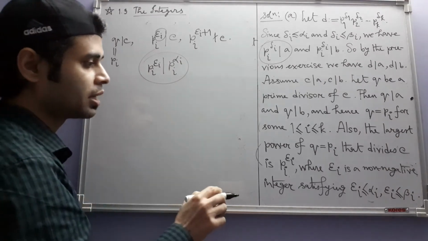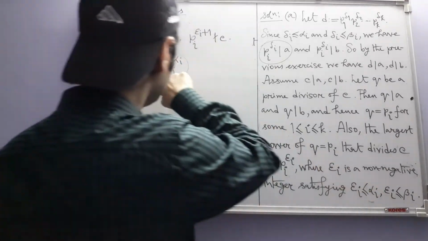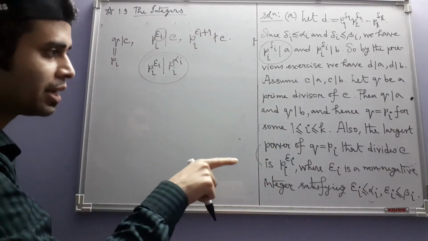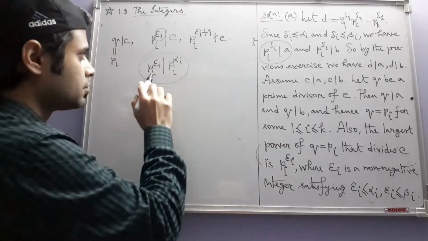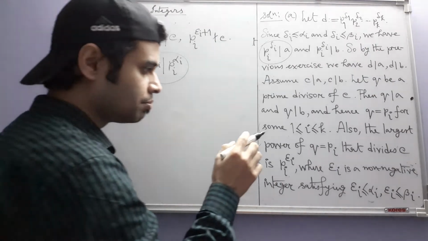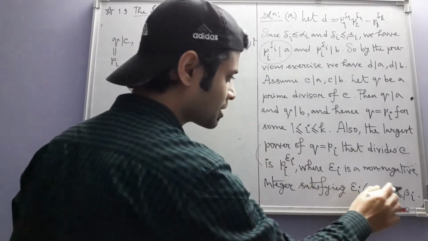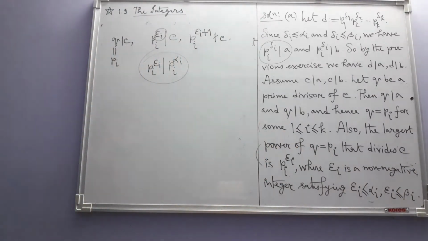In a similar manner, since Pi to the power epsilon I also divides B, epsilon I must be less than or equal to beta I.